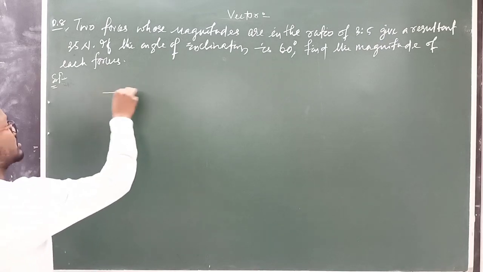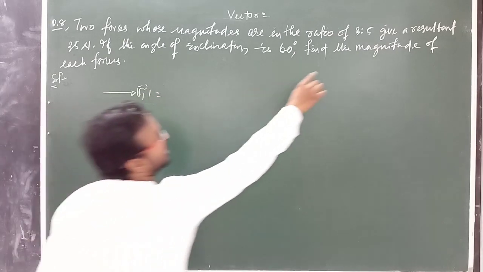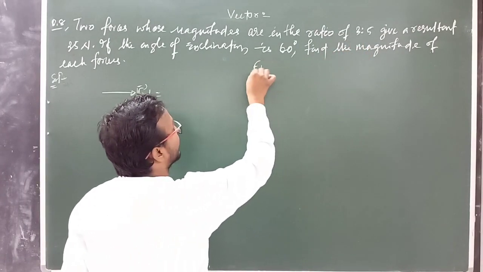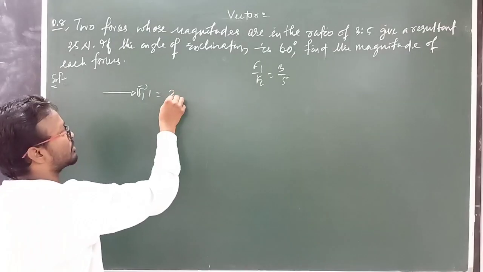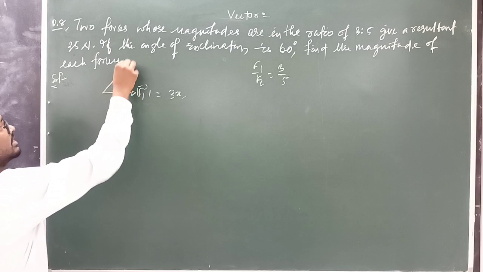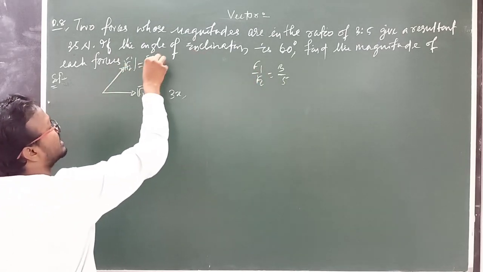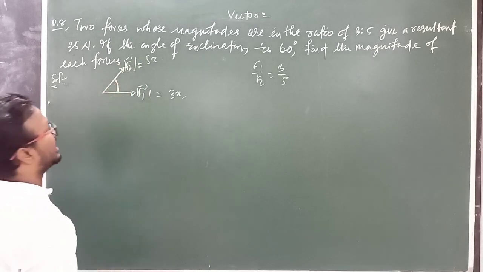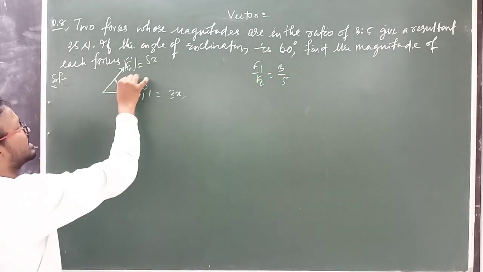Suppose one force is F1 and F2 is the other, with ratio 3/5, so F1 is 3x and F2 is 5x, and the angle between the two forces is 60 degrees.